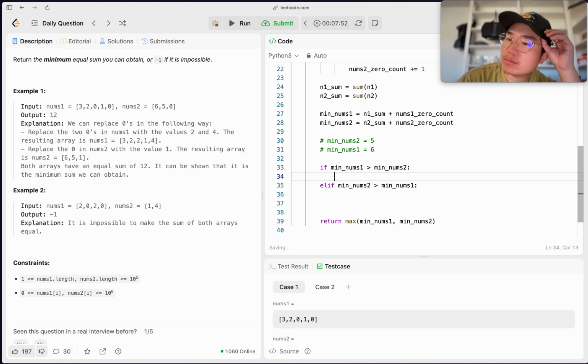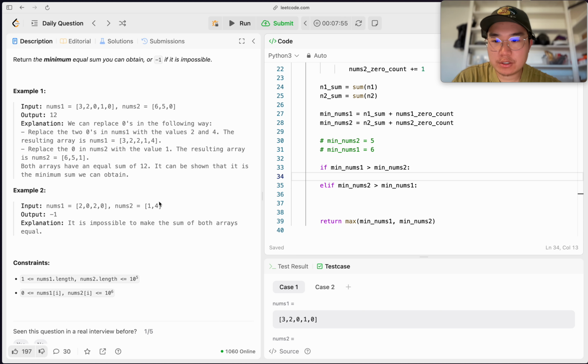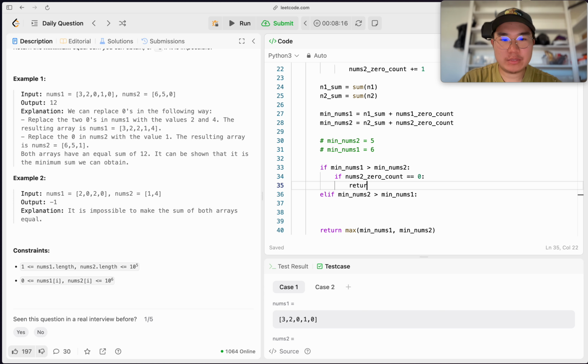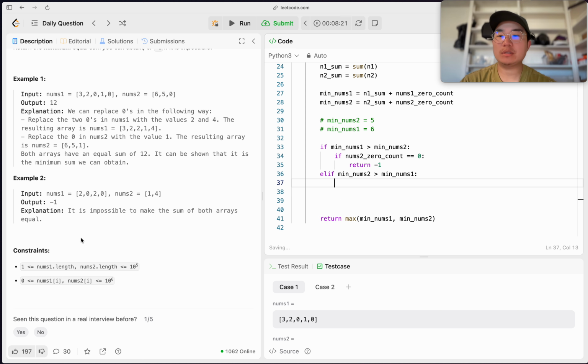So if min nums1 is greater than min nums2, we need to have at least one zero in nums2. If nums2 zero count is equal to 0, if there's not enough, then we need to return -1. It's impossible. Same with here: if the min of nums2 is greater than min of nums1, that means we're expecting nums1 to have at least one 0 in it.